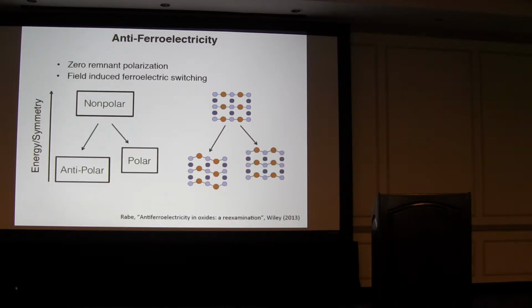We are also interested in antiferroelectrics, and in this case, the zero remnant polarization is described by an antipolar ground state, in addition to the non-polar and polar phases of regular ferroelectrics, and it typically looks something like this, right? And the field-induced ferroelectric switching that gives rise to the double hysteresis loop is ensured by a small energy difference between antipolar and polar structures.